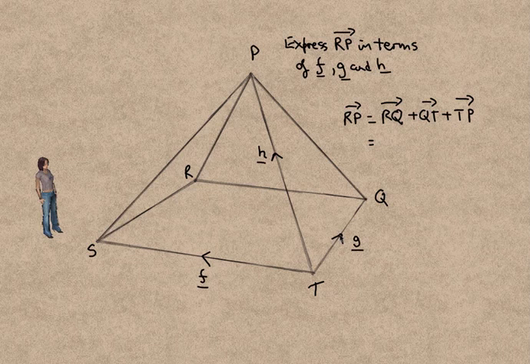That indicates a negative. If we travelled from T to Q going with the arrow, it represents G, but the opposite way. Remember the ouch, that gives you your negative. It hurts going against the arrow, so a negative has to go in to show that you went against the arrow. So travelling from Q to T is negative G. And T to P, that's with the arrow, so that just represents H.